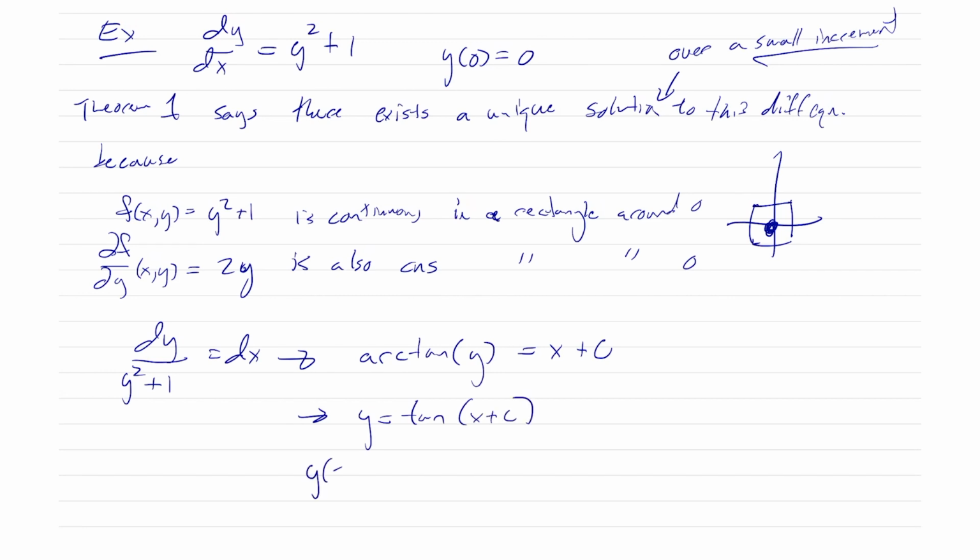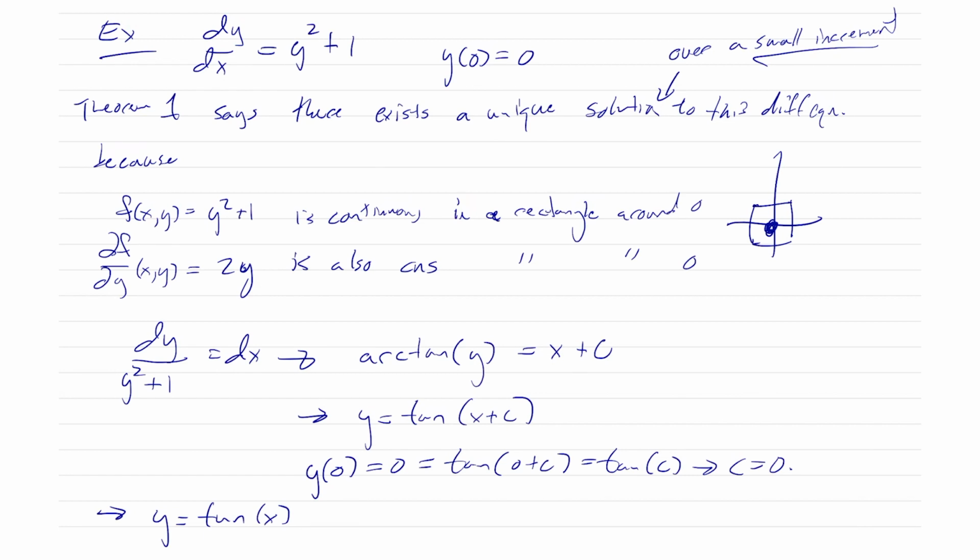We know that y of 0 is equal to 0, and that means tangent of 0 plus c is equal to 0. So tangent of c is equal to 0, and that tells us that c must be 0. That means y is equal to just tangent of x. There's a bunch of ways you could have seen that, but there you go.